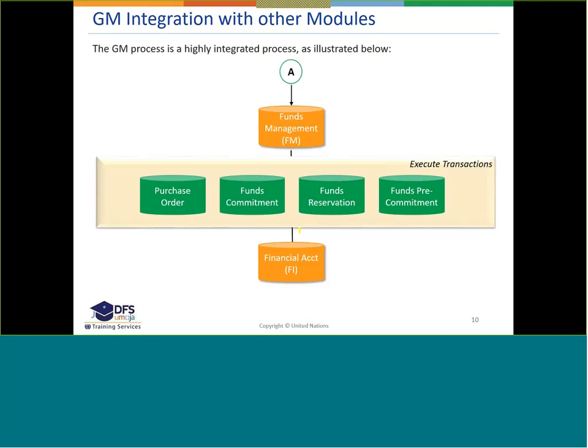And it's linked to other modules like procurement, because we can raise purchase orders using funds from the grant, meaning using the WBS element that we have been using. For the expenditure, it's also linked to financial accounting because we are tracking all the expenses.